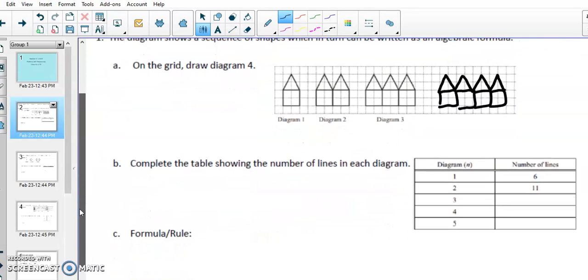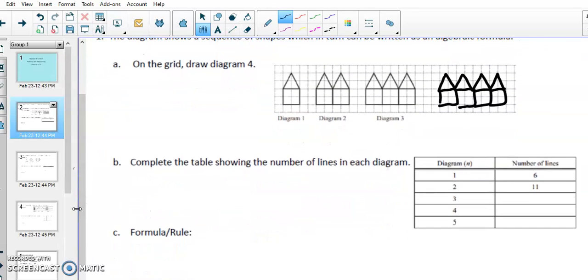Complete the table showing the number of lines in each diagram. So let's see, we start with 6. And then what do we end up adding? We have the 6, plus we add 1, 2, 3, 4, 5. So that gives us 11. So we have 11 up to here, 12, 13, 14, 15, 16.